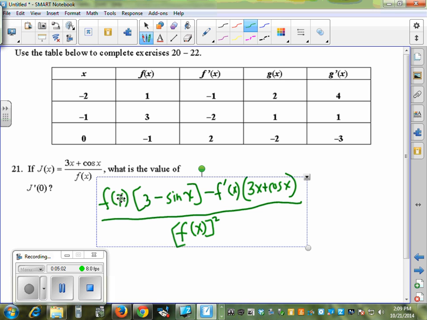So that is our derivative. Okay, and we're looking for this where x is 0. So everywhere I see an x, I can plug in 0.